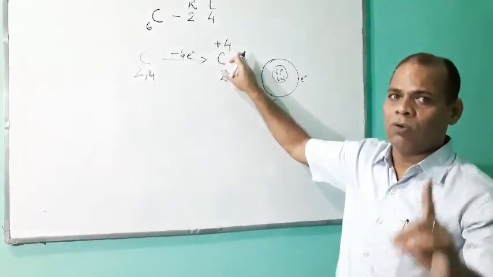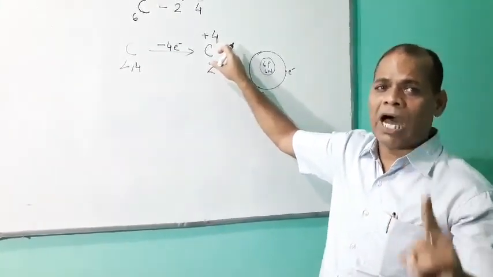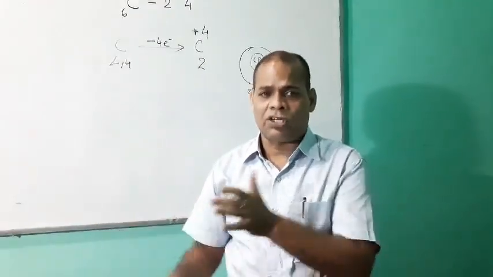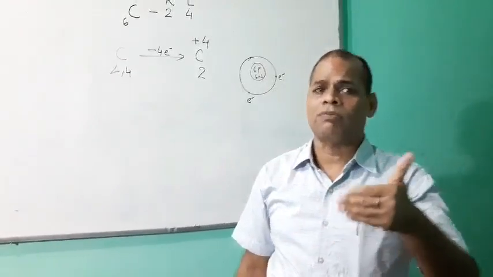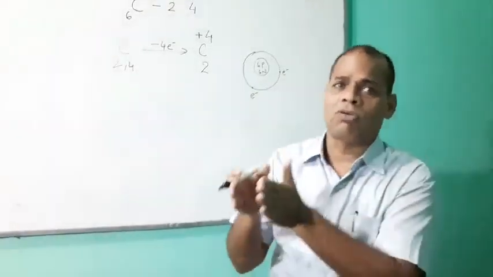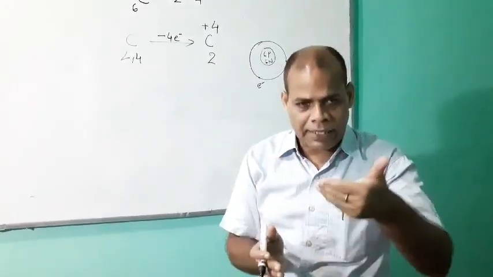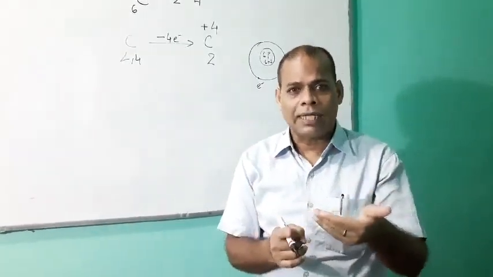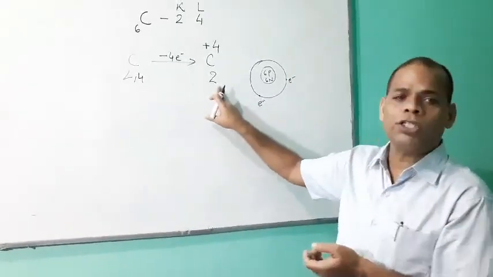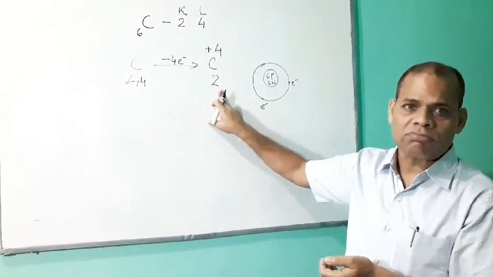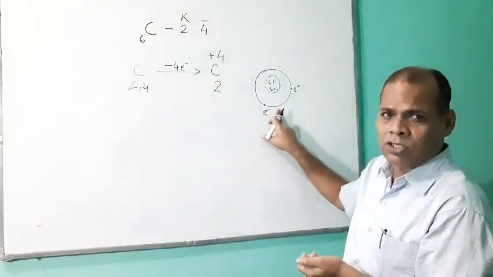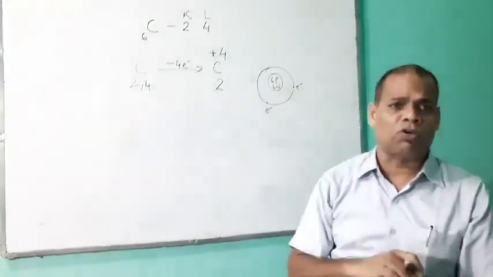As I said, a very high amount of ionization energy is required, so energetically it is not favorable to form the C4+ ion. The second reason is that after losing 4 electrons, carbon has only 2 electrons and there are 6 protons.